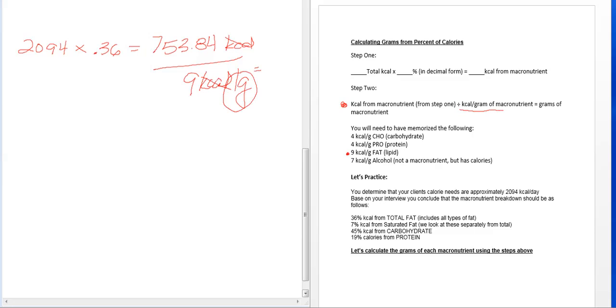So when we divide by 9 calories per gram, we come up with 83.76 grams. Now, again, in nutrition, 0.76 grams is not important. So we're always going to round to the nearest gram. Let's round up since it's 0.76, and that would be 84 grams of fat.